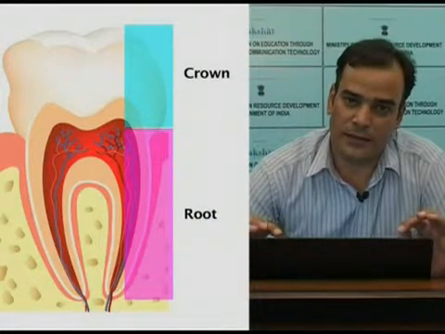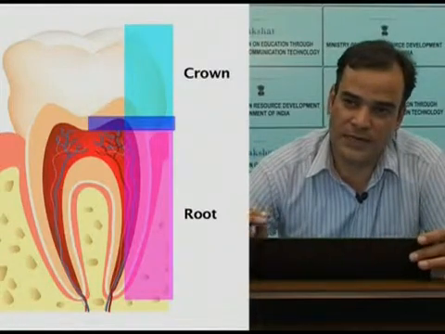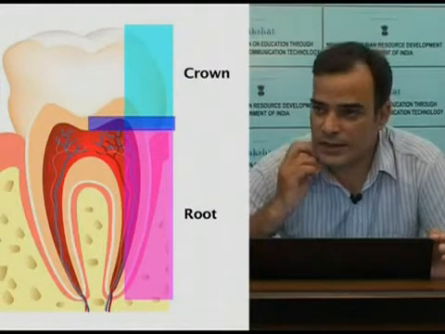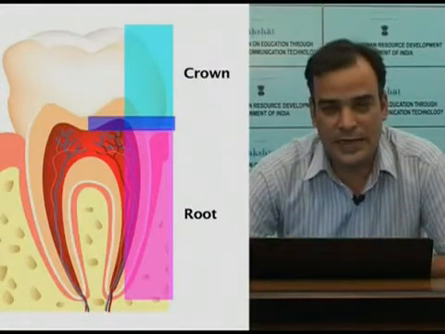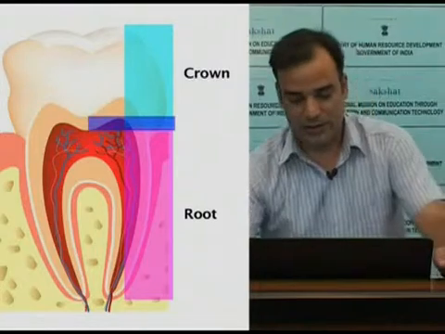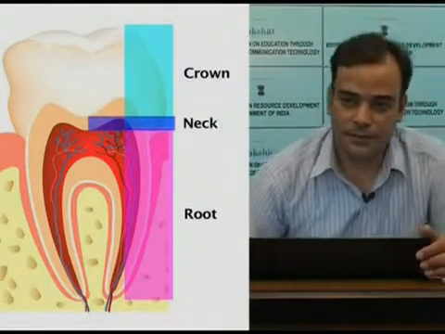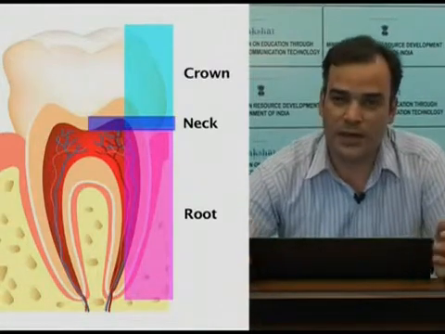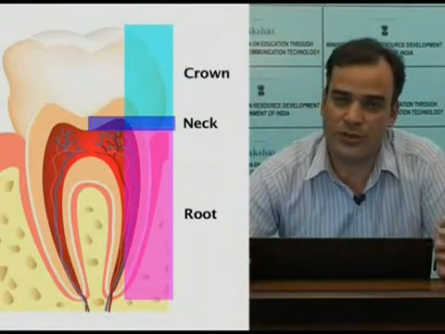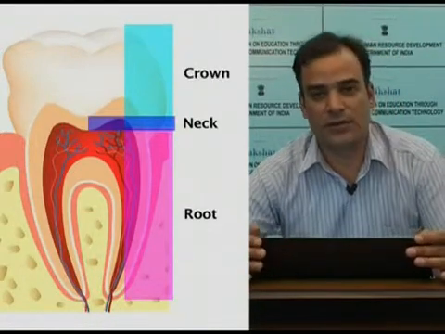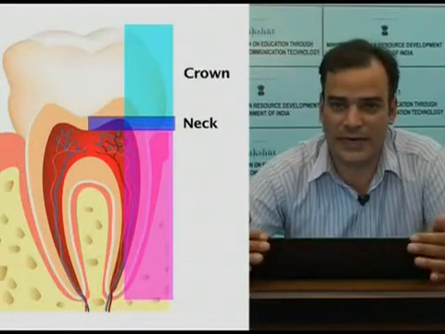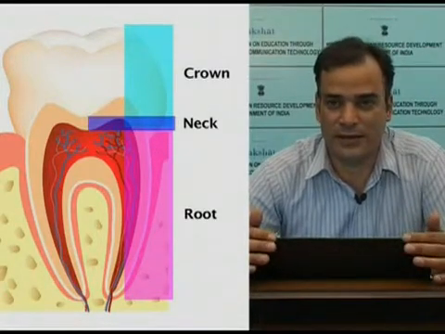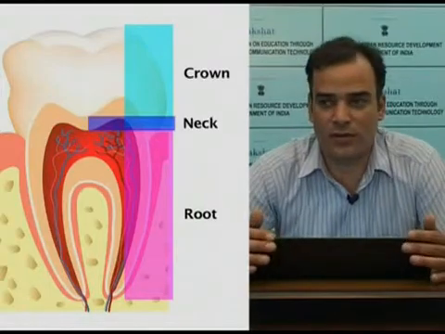And in between these two regions, the crown and the root, there is a small portion that is a bit narrow and is called the neck. So the tooth can be divided into number one, the crown, the portion that protrudes out from the gum into the mouth. Second, the root, the portion that lies within the bony socket of the jaw. And third, the neck, the collar between the crown and the root.